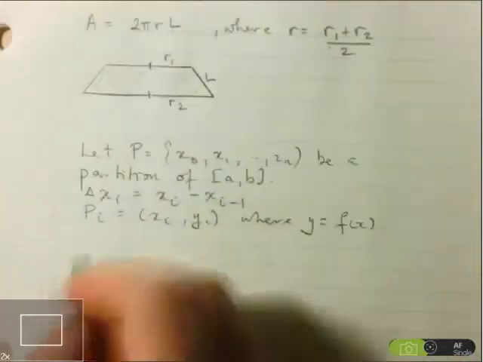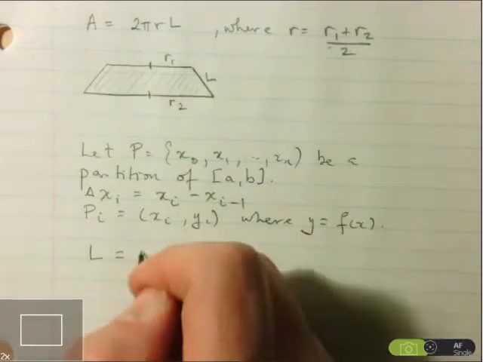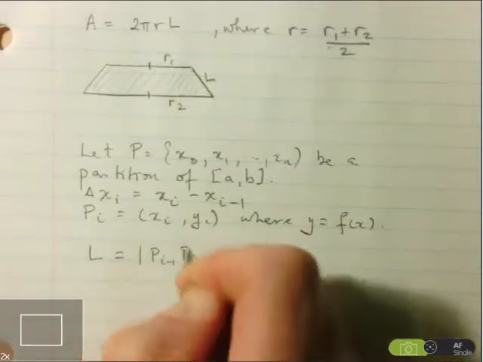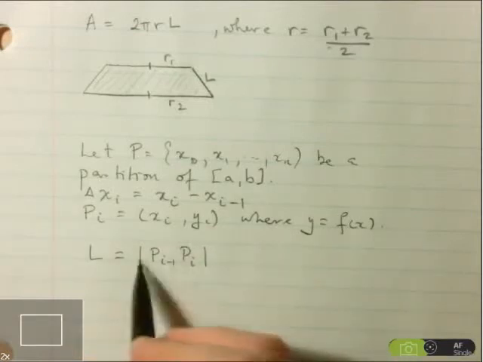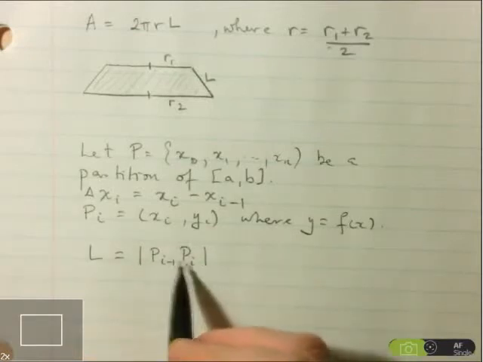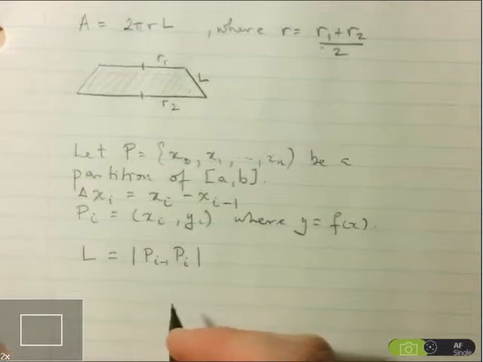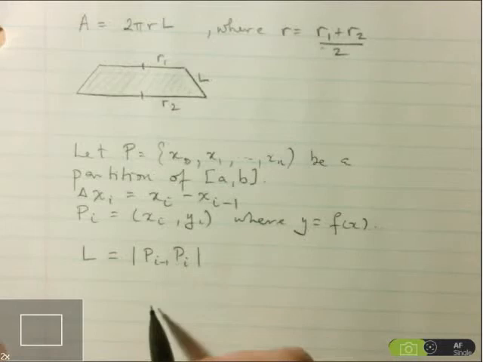So what we need to do now is again reinterpret this expression using these building blocks. We'll start with the L, I think that's the more obvious one. That is just the length of the secant joining the 2 endpoints. Again, I'm going to be using this notation which represents the distance of the segment joining these 2 points. Now this is where I'm going to skip a whole bunch of steps, because we already found a very nice expression for this length.